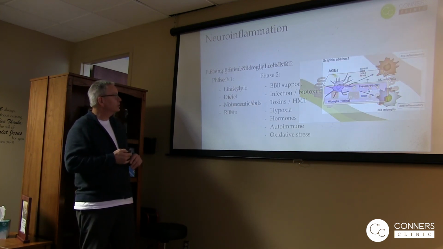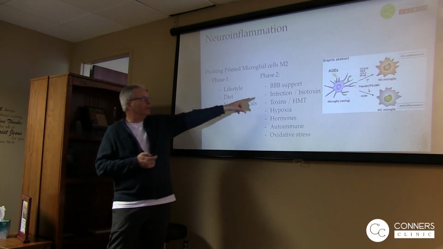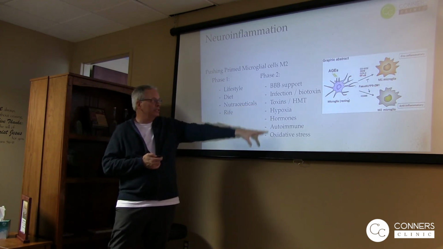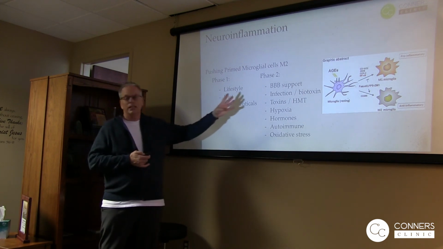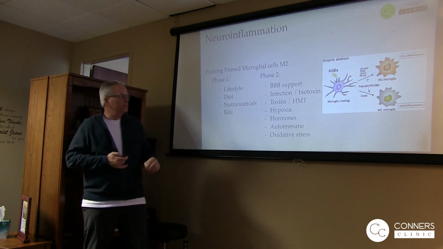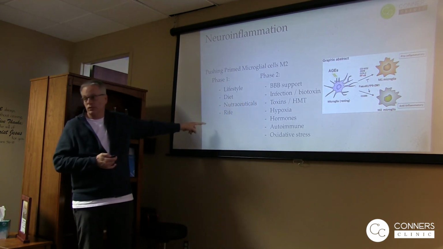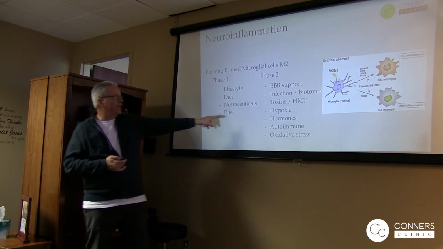Remember how many more slides we have? Oh, here we go. Blood-brain barrier support, and then you start getting into dealing with these infections and toxins. But that's got to be later. I could have put blood-brain barrier support in phase 1, and if I change these slides, I would.